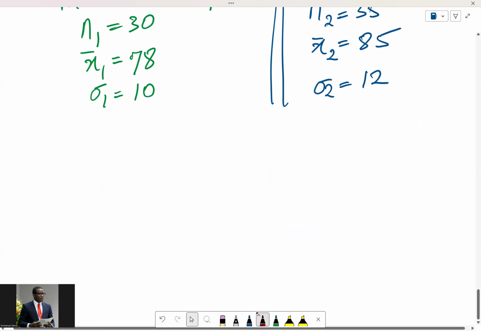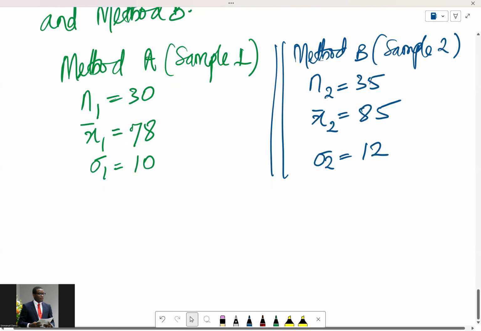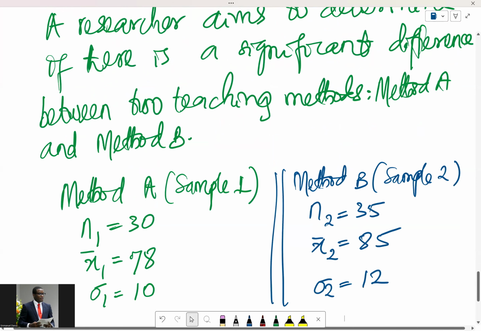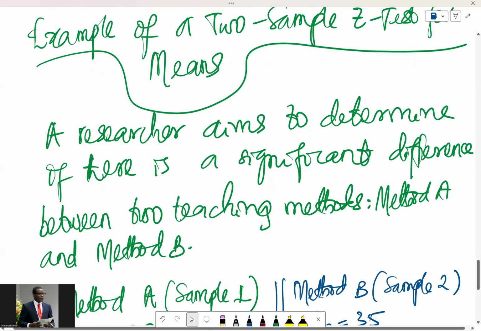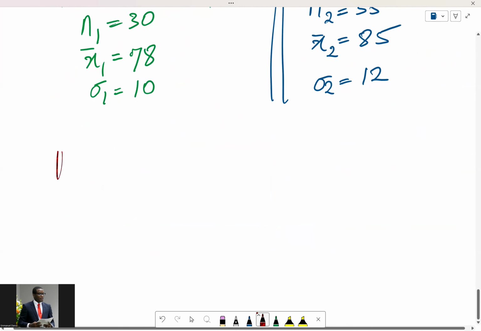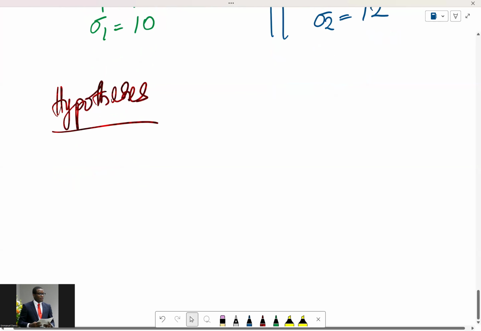So we proceed to see if there's actually a significant difference between the two teaching methods. The first thing we want to do is talk about the hypotheses. What are the hypotheses in this situation? First, the null hypothesis.